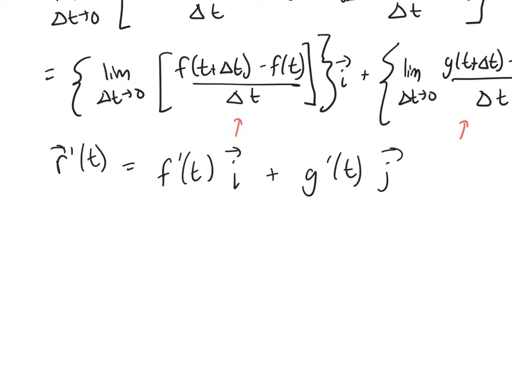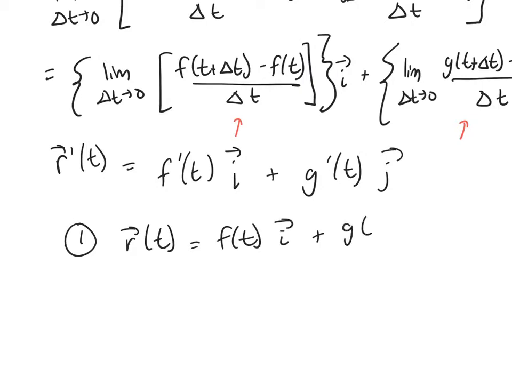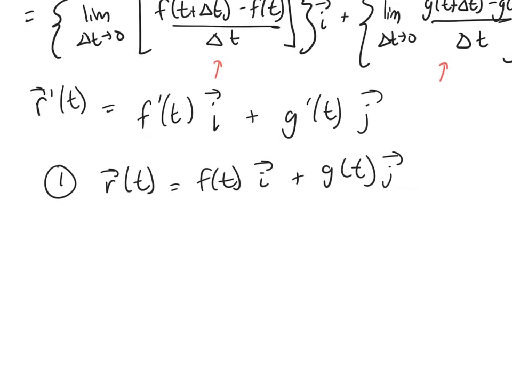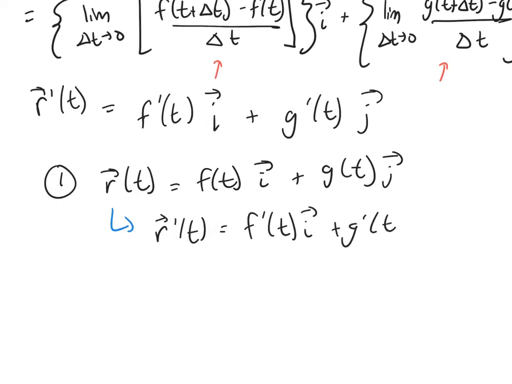So to sum up what we learned, if your vector-valued function just has an i and a j component and you want to take the derivative, r prime of t would be f prime of t i plus g prime of t j.